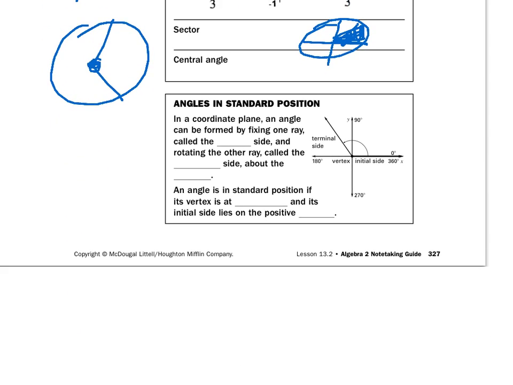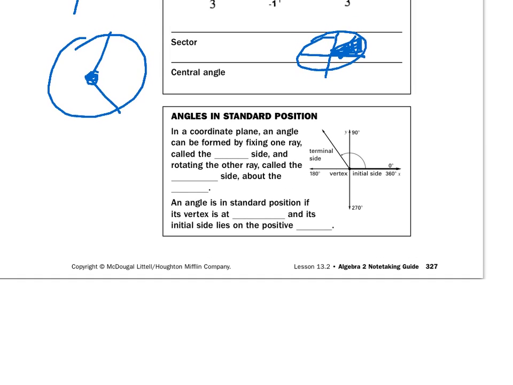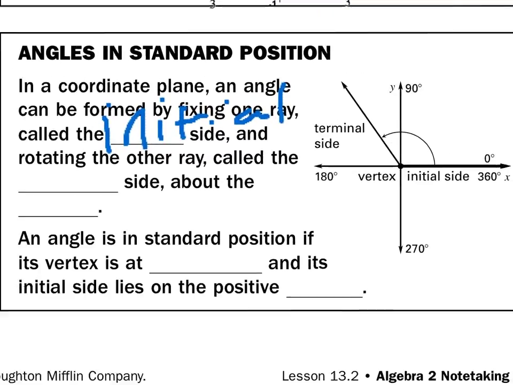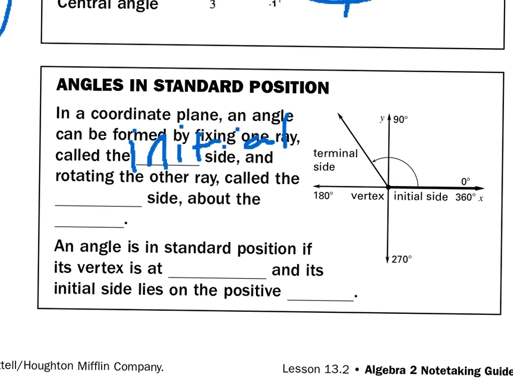All right. Angles in standard position. In a coordinate plane, an angle can be formed by fixing one ray called the initial side. The initial side. Maybe we should make this bigger. Easier to write this way. Initial side. And rotating the other ray called the terminal side. And that's what we talked about earlier.